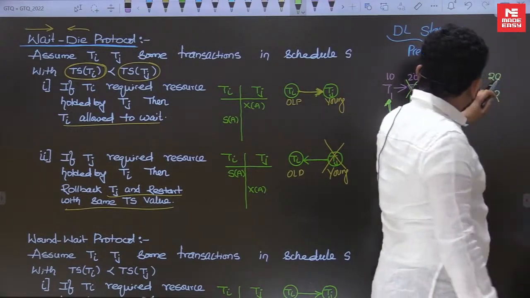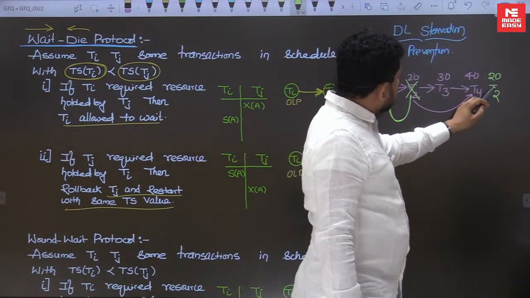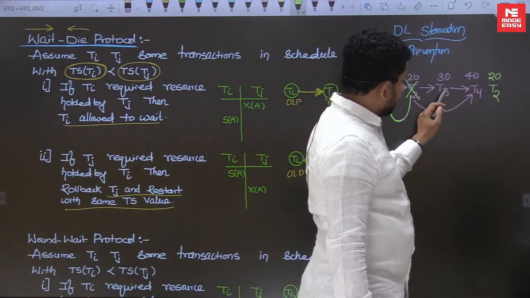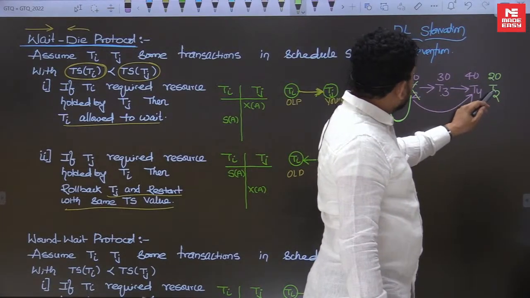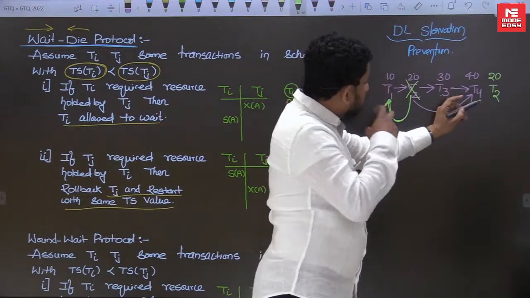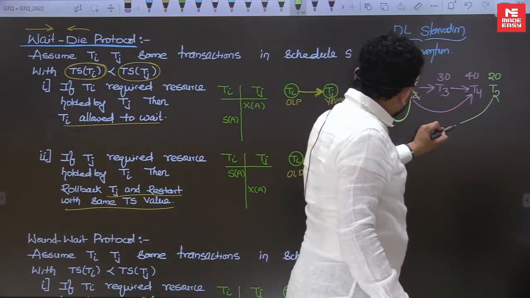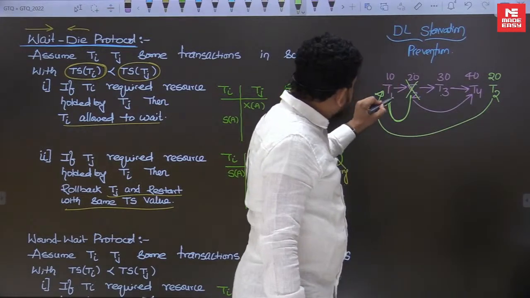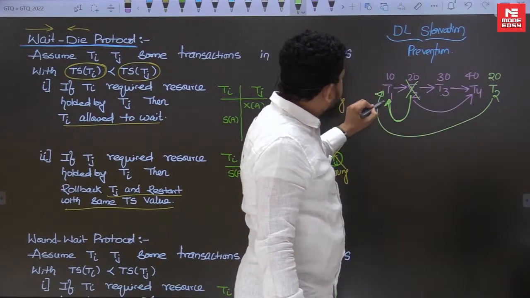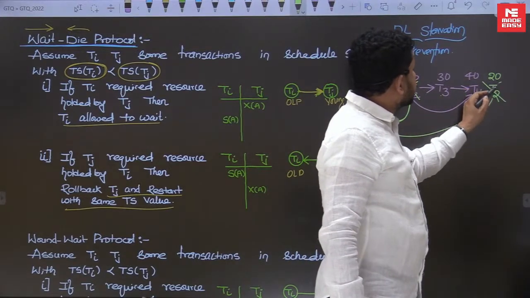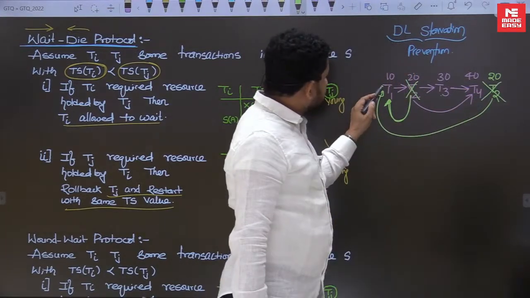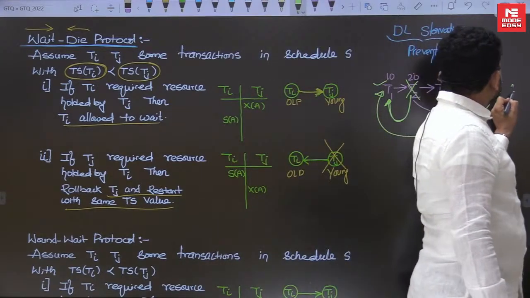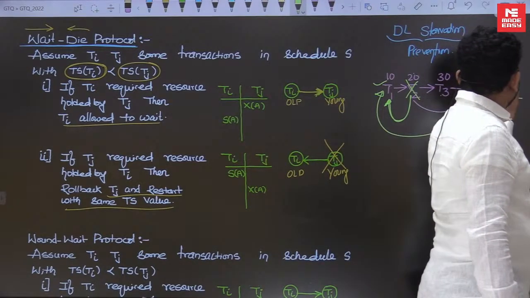Because it restarts with the same timestamp value, T2 is still treated with higher priority than T3 and T4. So T2 can be rolled back again because of T1. Until the completion of T1 there is a chance to roll back T2, but once T1 terminates, there is no chance to roll back T2.